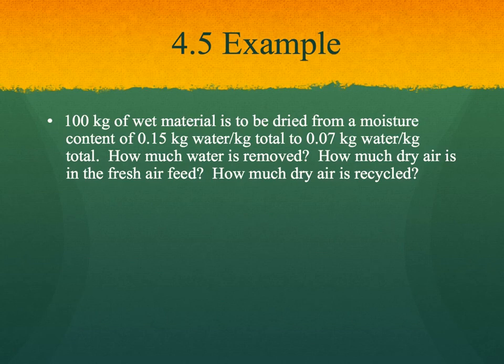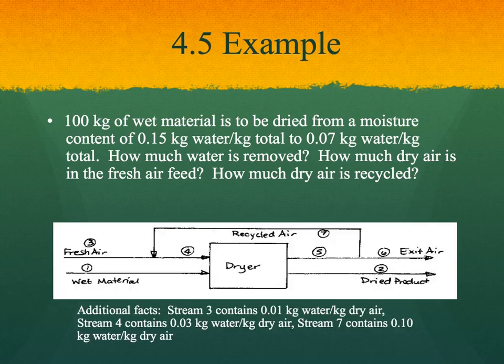Now you say, this doesn't say anything about recycle. Well, that's why we need it. So the diagram shows that my wet material is going through. I have fresh air flowing in and leaving, but I'm going to be recycling some of this air to keep an adequate flow rate going in there. Now unfortunately air always contains water, and so the moisture information about these streams is given below.